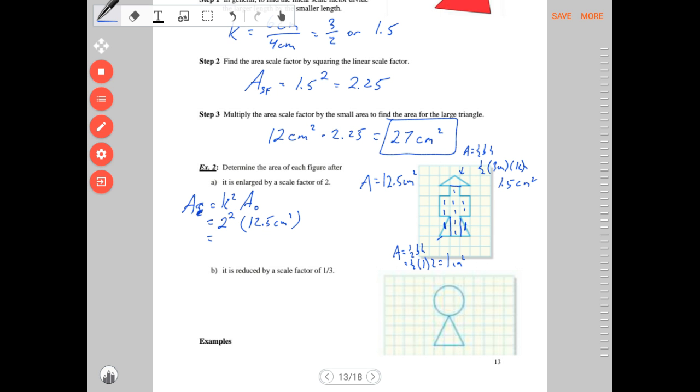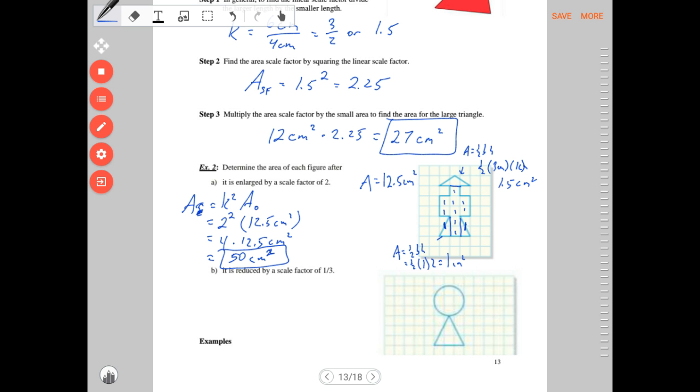Remember, it's going to be 4 times bigger. So 2 squared is 4, times 12.5, and 4 times 12.5 is 50 centimeters squared. So that is the area of the image, the new object.